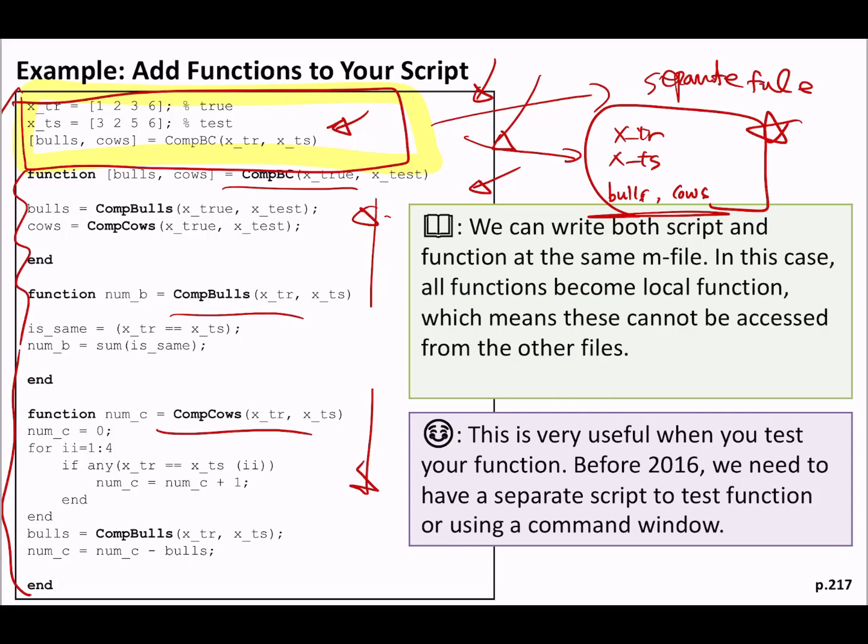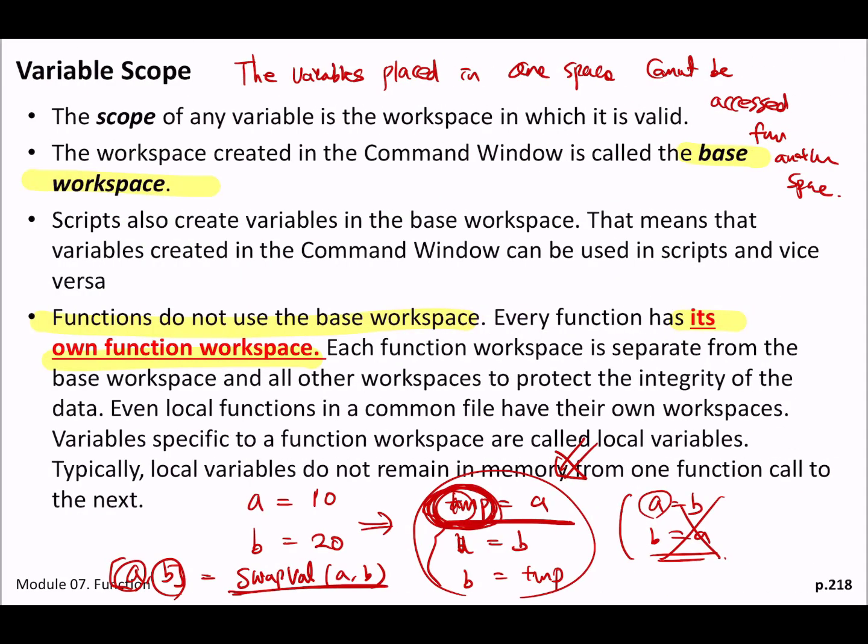That's the variable that we need. We don't need all this num_b, num_c, ii. We don't need such variables, right? But if you use this function, these variables are automatically deleted. Only the necessary variables remain in your workspace. Okay? Does it make sense?